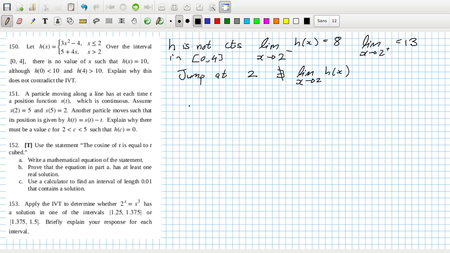Okay. So h of c, we want that to equal 0. Okay.